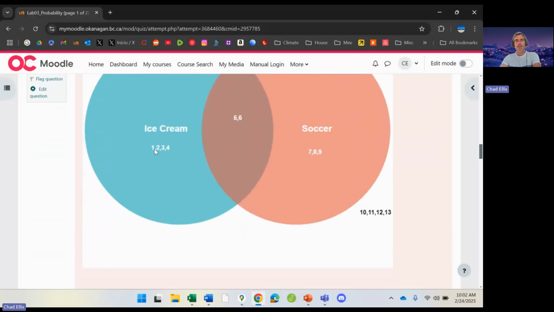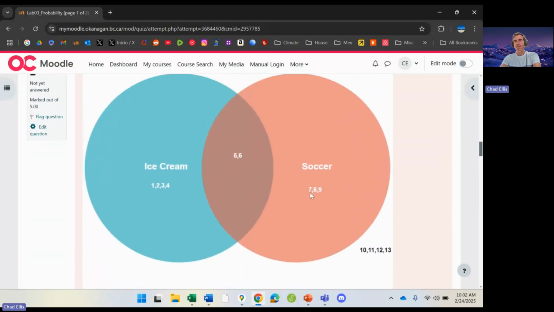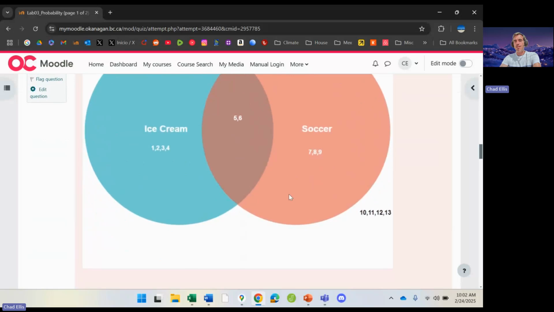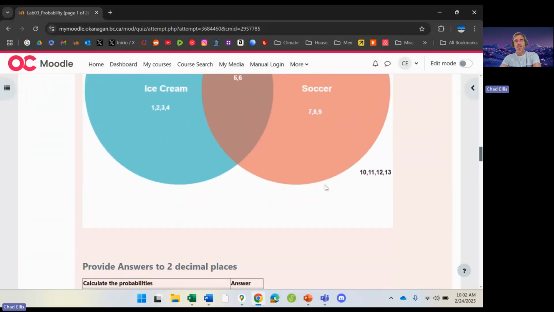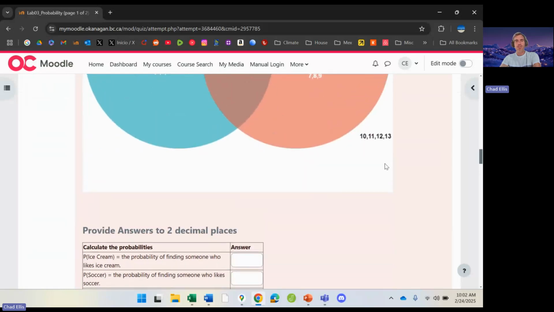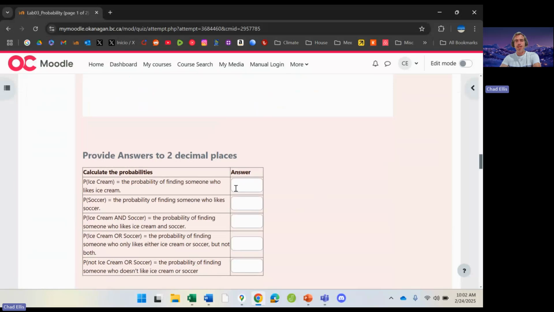The way this question is set up is that we have 4 people that only like ice cream. We have 3 people that like soccer. We have people 5 and 6 that like both ice cream and soccer. And then we have 4 people, 10, 11, 12, 13, that do not like ice cream or soccer. So based on having 13 people in total, you're going to be calculating, based on this Venn diagram, things like the probability of finding somebody who likes ice cream.